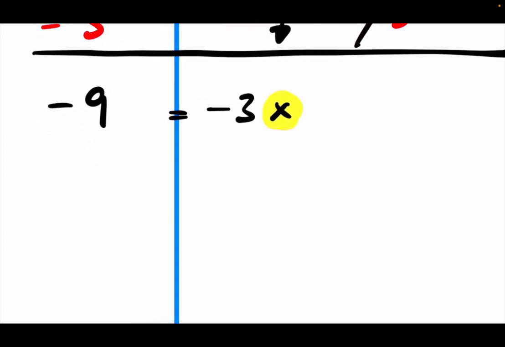Adding, subtracting, multiplying, dividing? Multiplying, right? Anytime a number and a letter are stuck together, it's always multiplication. Now, what's the opposite? Division. So what am I dividing by? I'm dividing by everything that's not x. So in this case, it's going to be -3, both sides.